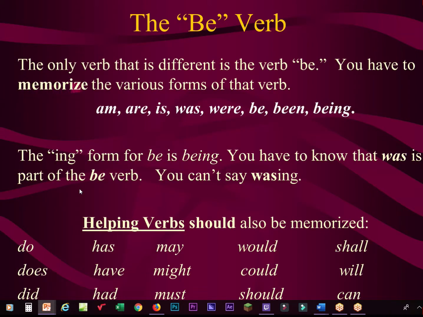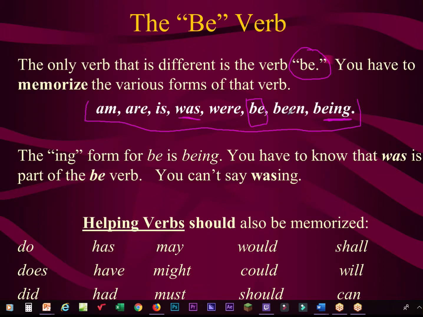But then we have a "be" verb. Now if you've been studying foreign languages, you'll know that your "be" verb is usually irregular, and you have a lot of forms of it. Well, it's the same way in English. Look at all of these things. These are the different forms of the verb "be." And yes, we have to memorize it. Here's "was" that I was telling you about. Here's your "be" verb right here. Here is the "ing" form.